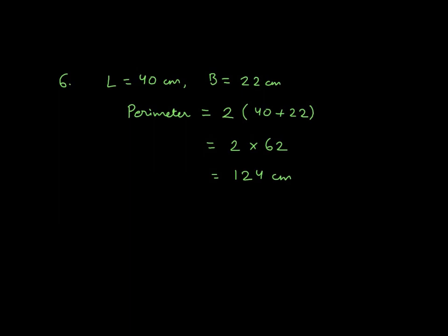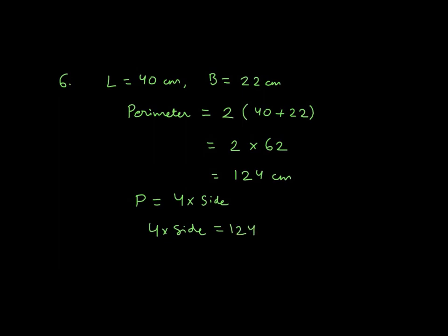Now this will also be the perimeter of the square, because the same wire is used to form the square. So perimeter of square is 4 times each side. So which means we are given that 4 times side for a square is 124.